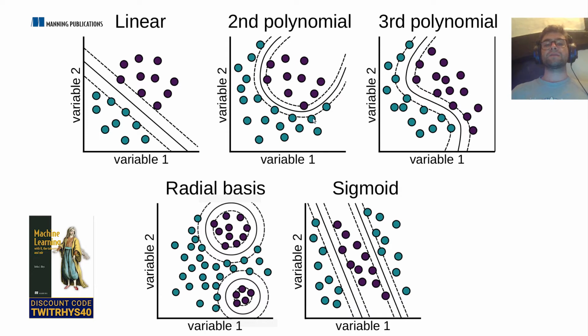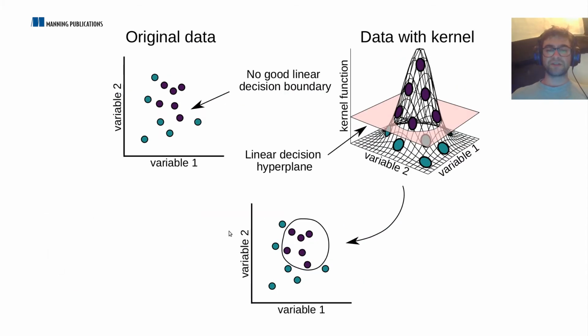We can use polynomial kernels, which will learn decision boundaries of increasing flexible complexity, as you increase the degree of polynomial from second to third to fourth, etc. And if we choose the polynomial kernel, then the degree of that kernel is also an additional hyperparameter that we would tune.